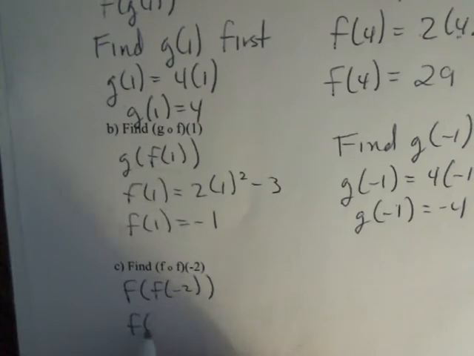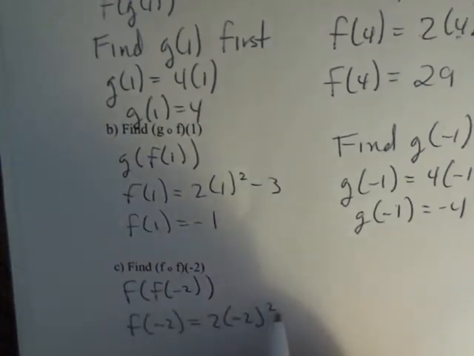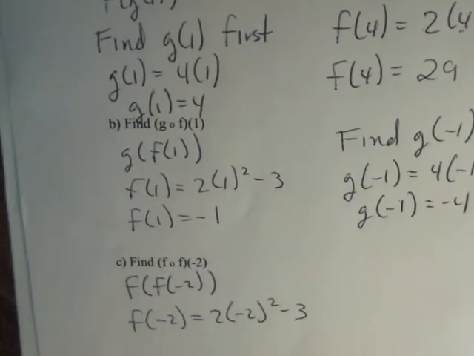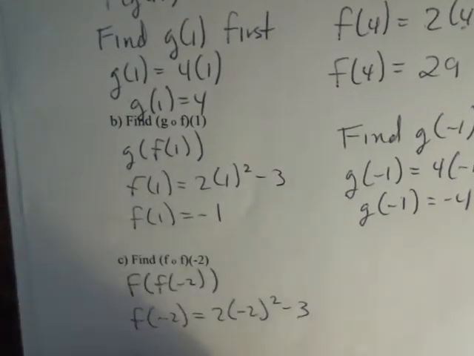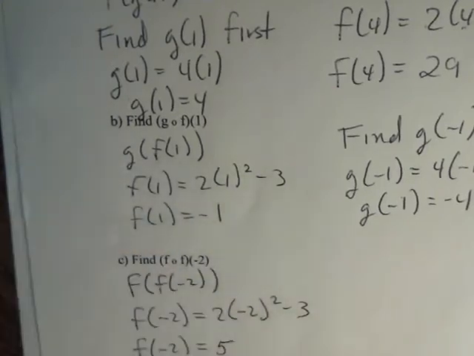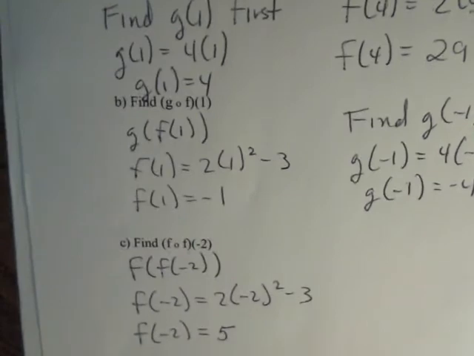So f of negative 2 is 2 times negative 2 squared minus 3. Evaluating that using your calculator, negative 2 squared is 4, times 2 is 8, minus 3 is 5. So I'm halfway done.